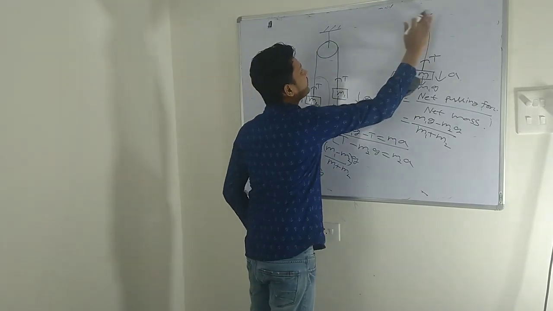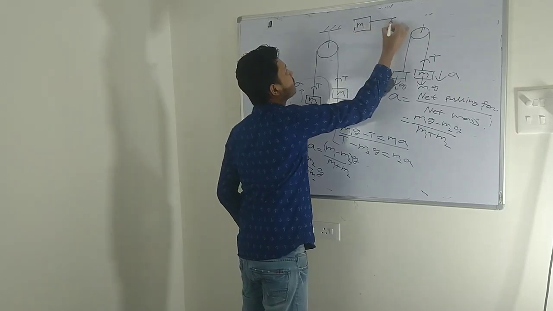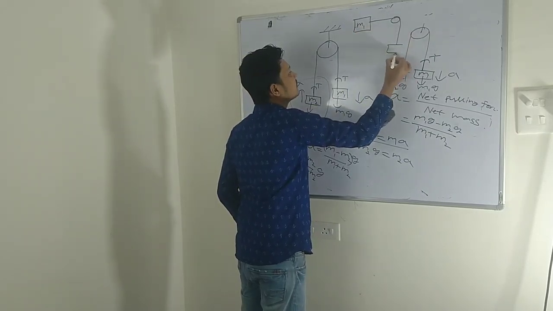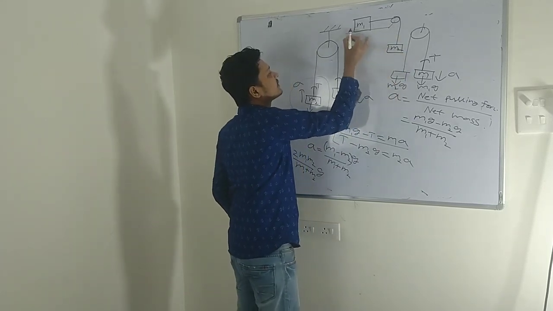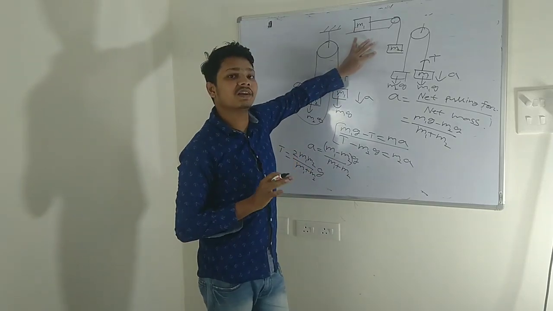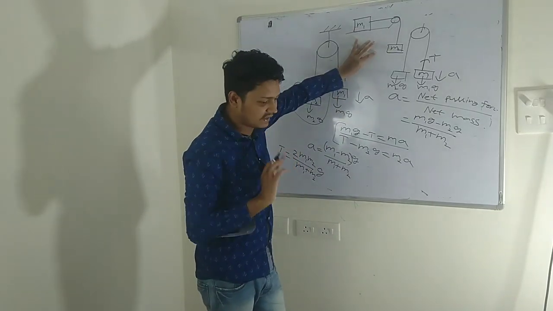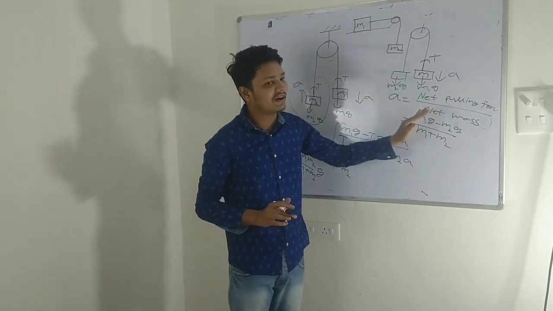Here, find the acceleration for this object. This is M1, this is M2. Now for this figure, what is the acceleration? First you do it, then I will solve. So net pulling force by net mass.